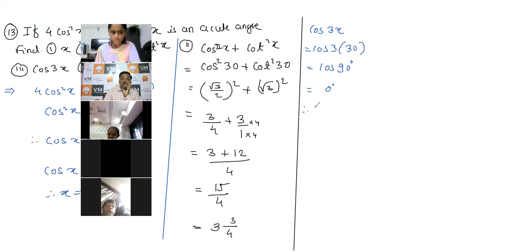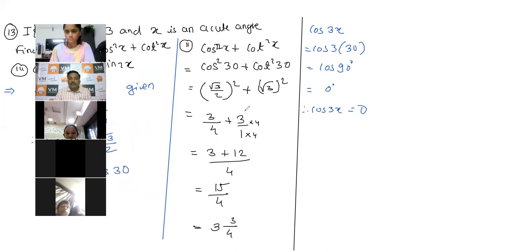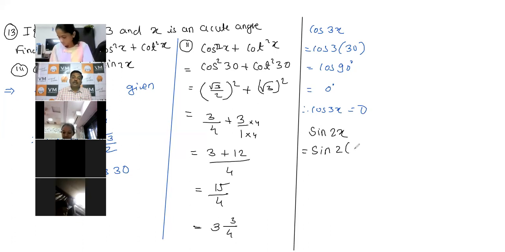Yes, sir. And the last one is sin 2x. Again, sin as it is, 2 times 30, so sin 60 degree. Sin 60 is root 3 upon 2.